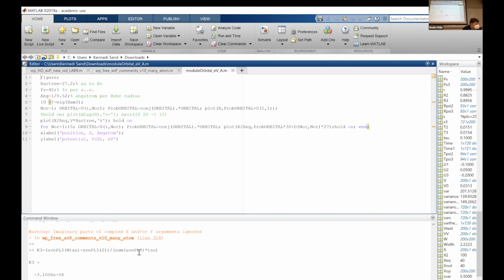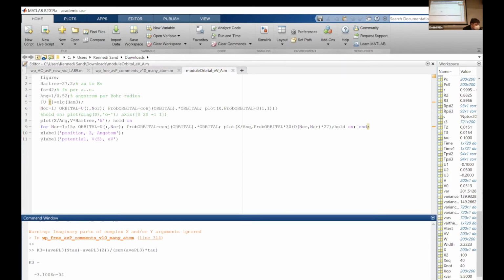Let's go to the command line. Just click inside, lower. Type ls, for list, and enter. It should have this module, orbital. So let's type module orbital underscore EV underscore A. Okay, enter.